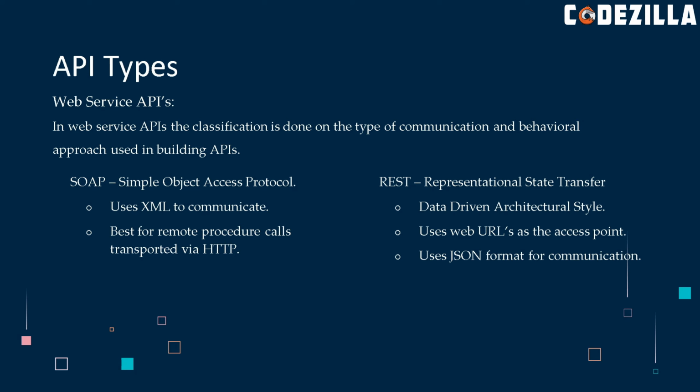These days, everyone uses REST as everything is a data-driven world, and it stands for representational state transfer, and it allows for transfer of data in JSON. And your requests are usually processed through the web URL. So the web URL is the access point, and you need to know how to decode a JSON to use this API. My demonstration will be using a REST API that uses JSON.